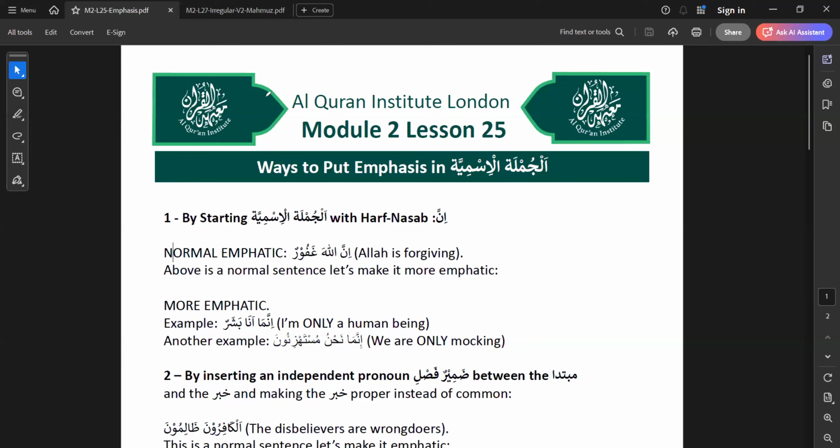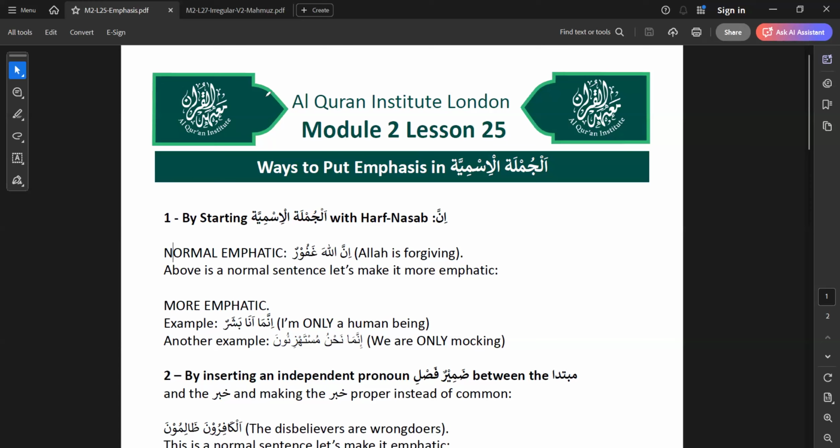Nonetheless, there's emphasis. And here, innama ana basharun. So in this example, I am only a human being. Here, you're giving more emphasis, and you notice a damir is added. You can see ana is added here. Another example, innama nahnu mustahzi'un.